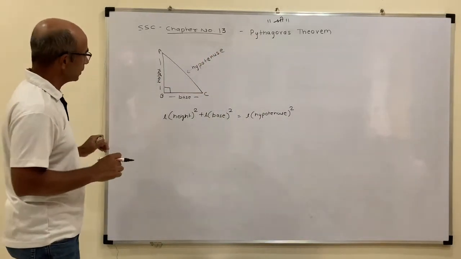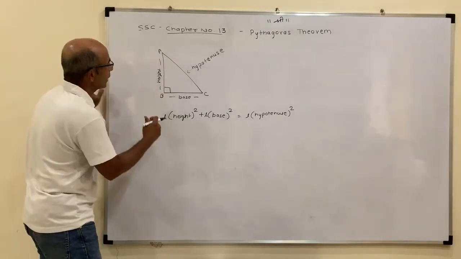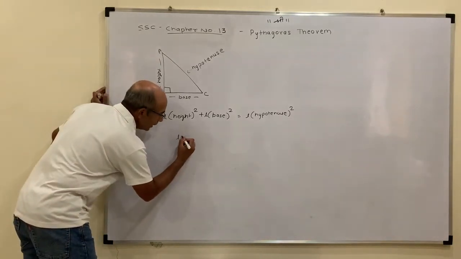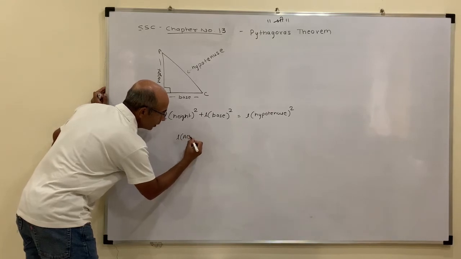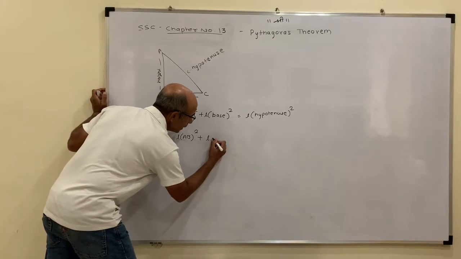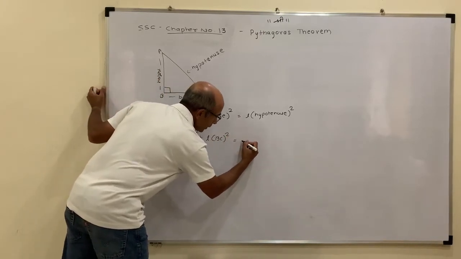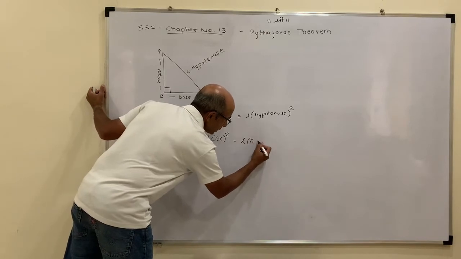So in this particular right angle triangle, the length AB square plus length BC square is equal to length AC square.